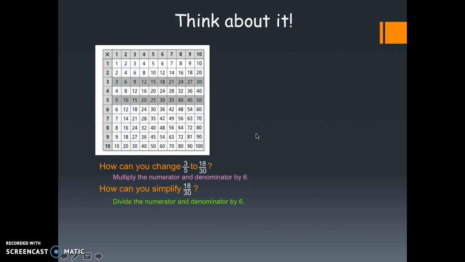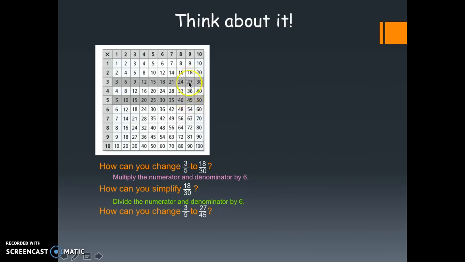So if we divide the numerator and denominator by 6, 18 divided by 6 is 3. 30 divided by 6 is 5. So that brings us back down to the 3/5. So now how can we change 3/5 into 27/45?